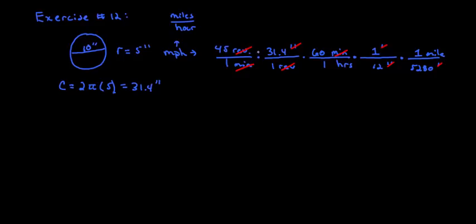Now all I want to do is take the numbers and multiply straight across the top and then multiply straight across the bottom. Here's what I've got. I've got 45 times 31.4 times 60, times 1 times 1, over 1 times 1 times 1, times 12 times 5,280.